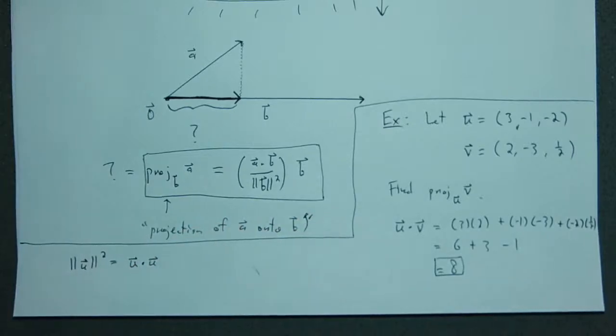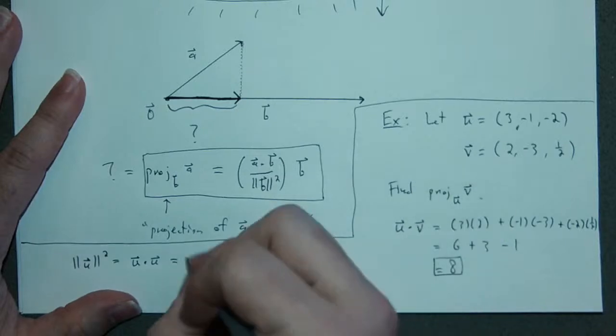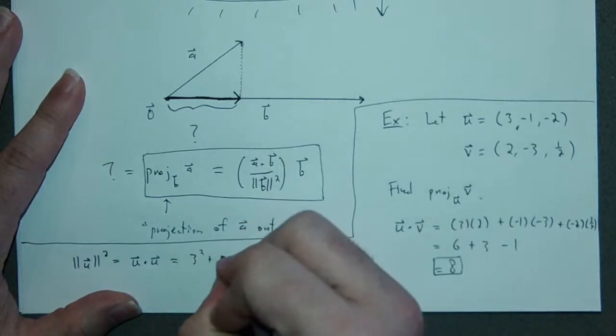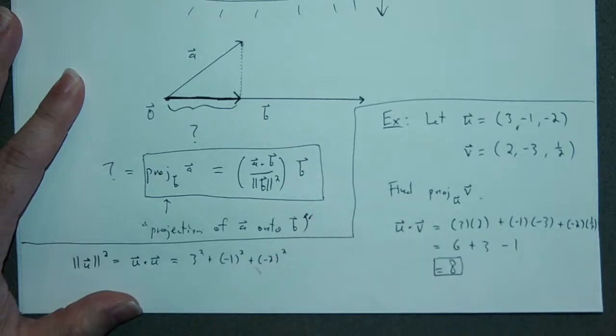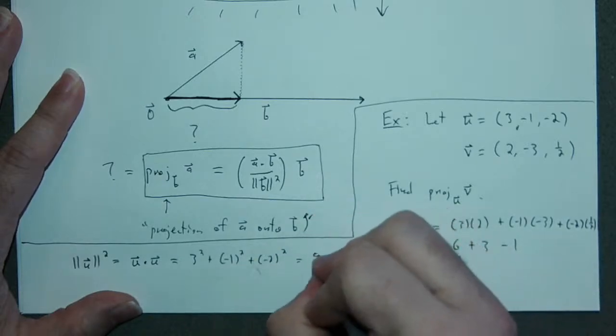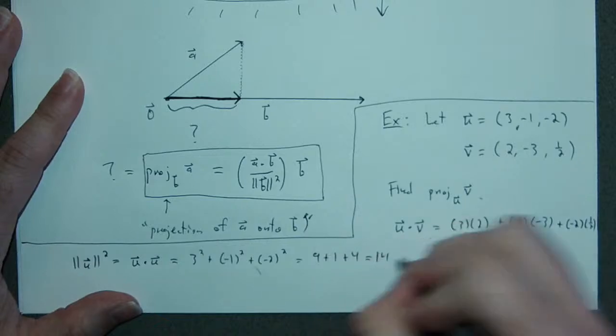Okay. And so this is 3 squared plus minus 1 squared plus minus 2 squared. So this is 9 plus 1 plus 4. So that's 14.